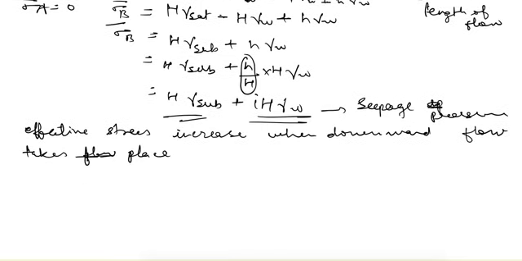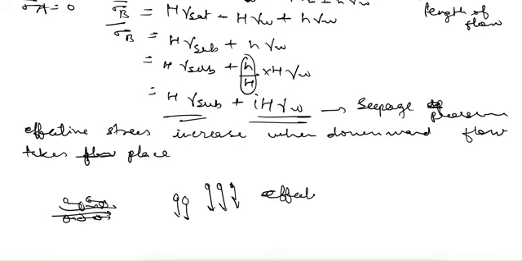So seepage pressure means that, let's say these are the soil particles. If water is flowing through these particles, there is a drag force on these particles in the direction of flow. If the flow is going downwards, these particles are forced in the downward direction, and that means the effective stress is increasing.